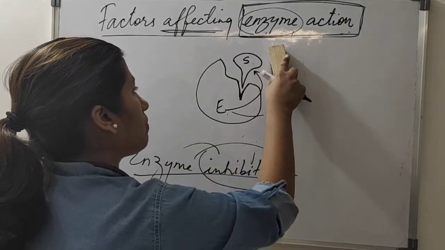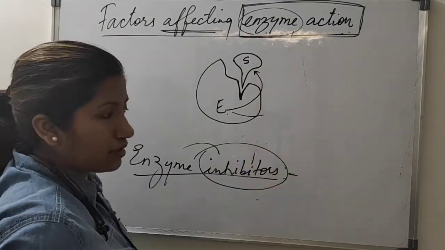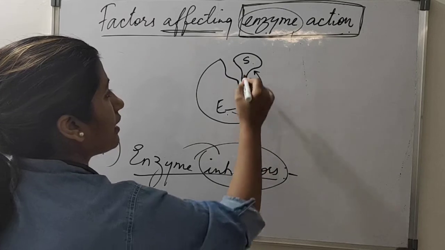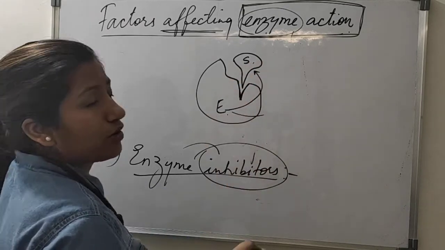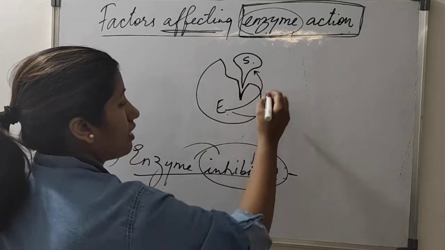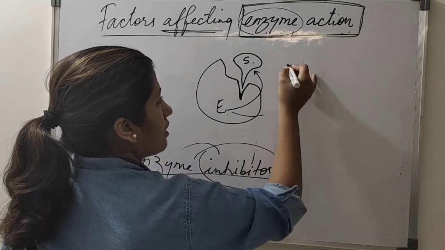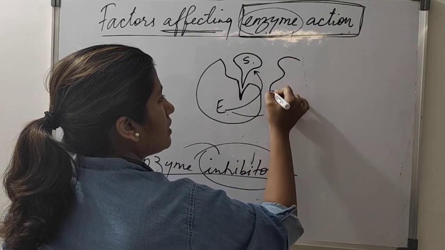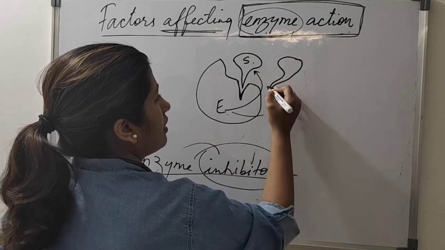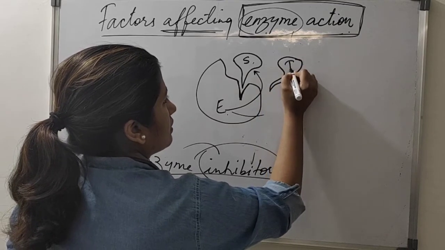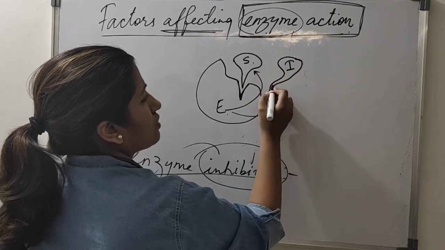Now, what we are trying to say here is, just as the substrate is an organic compound, there are other compounds which we call inhibitors. Inhibitors are somewhat similar to the substrate, so they can also fit in here.